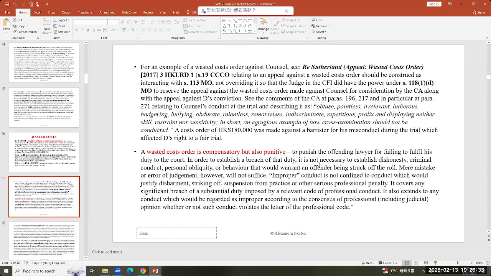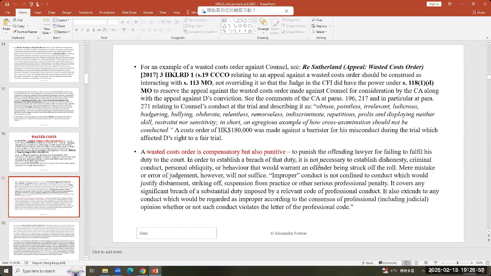Now, if you ever want some light relief late at night, maybe this case of Rees Sutherland is the case to read. This was a cost order that was made against defense counsel in the amount of $180,000.